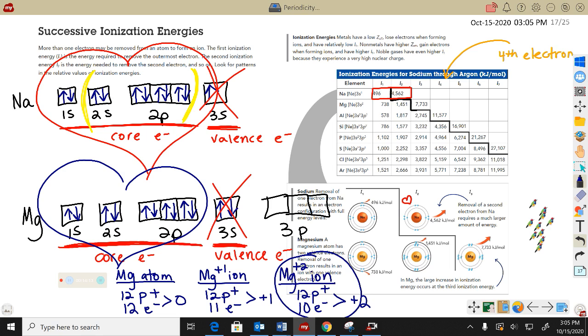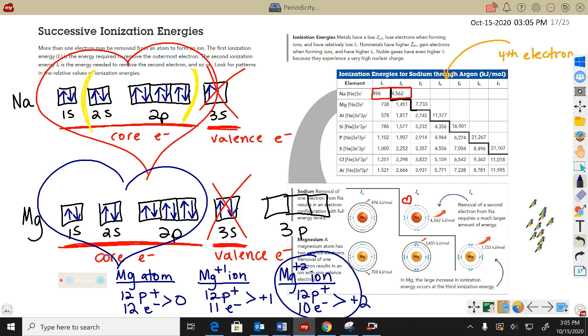But now in the magnesium +1 ion, I've got 12 positive charges, but I only have to distribute that amongst 11 electrons. We say greater nuclear charge, where the nucleus becomes more positively charged than the electron cloud. It's just more positive charge distributed amongst fewer electrons, so each electron gets more than 1 positive charge. It's a stronger attraction.